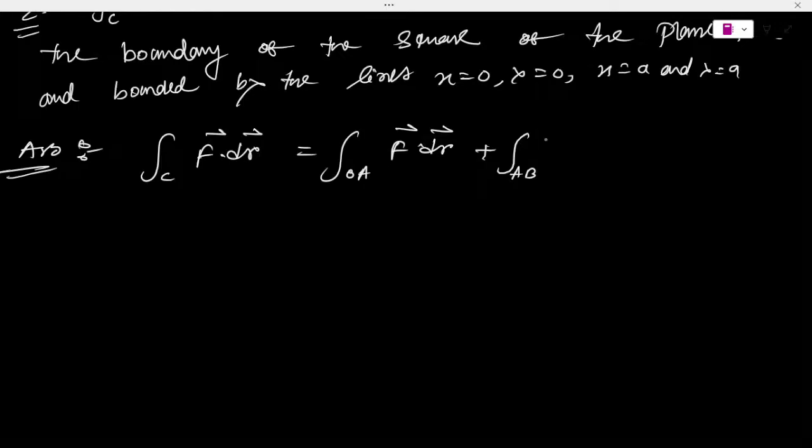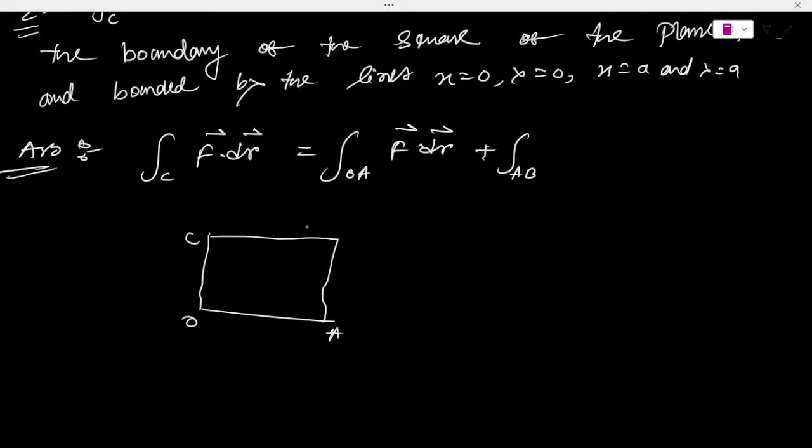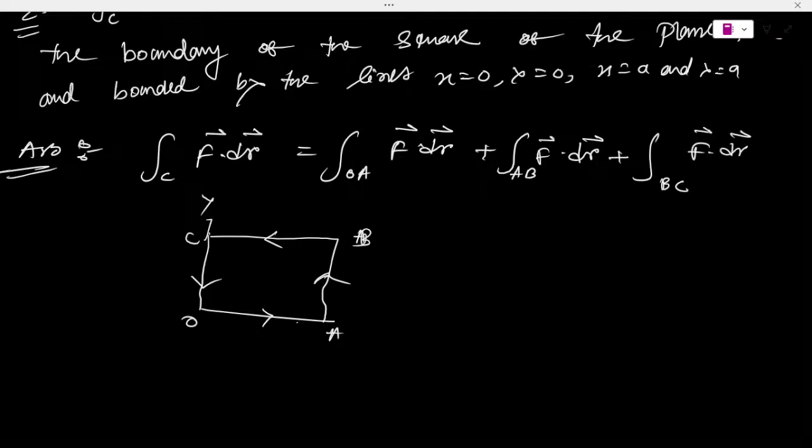Let's say I am drawing here that this is point O, this is point A, this point is B, and this point is C.